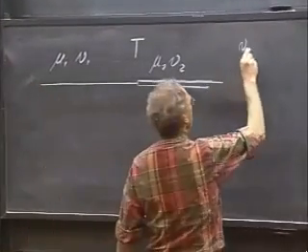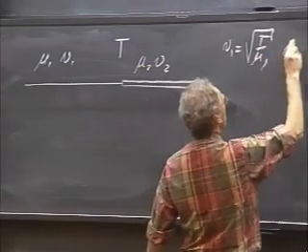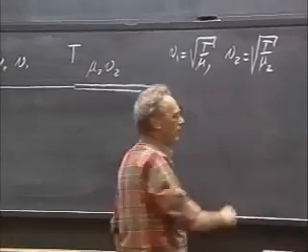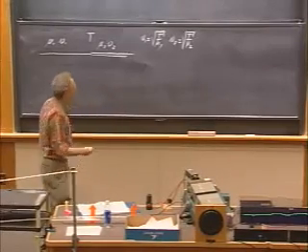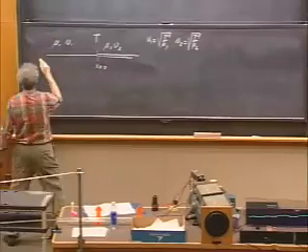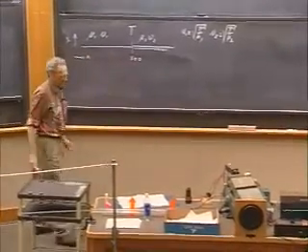And so v1 is the square root of T divided by mu1, and v2 is the square root of T divided by mu2. I will call this point here, for simplicity, x equals 0, that is the junction, and this is the y direction, and this is the x direction.